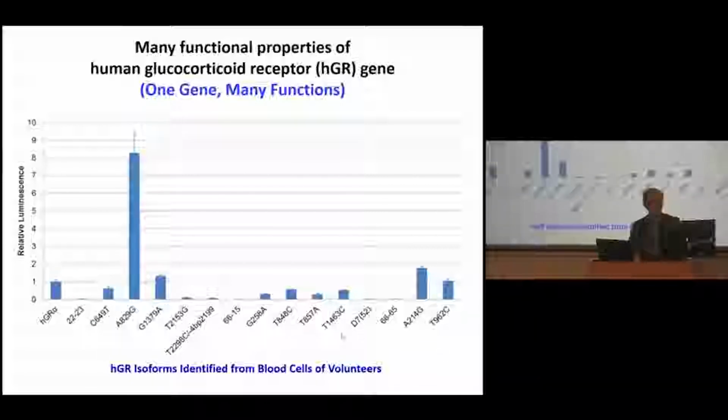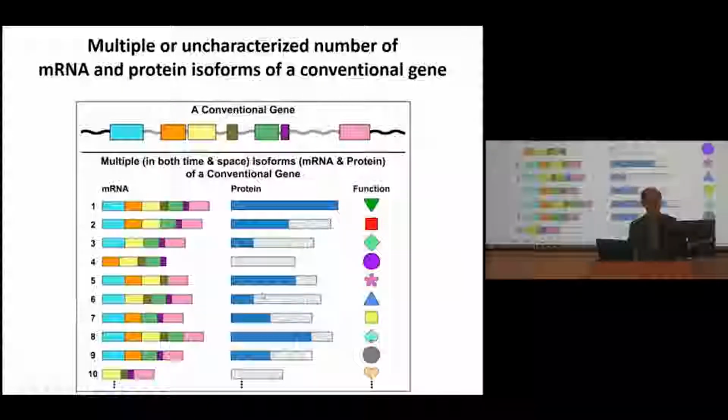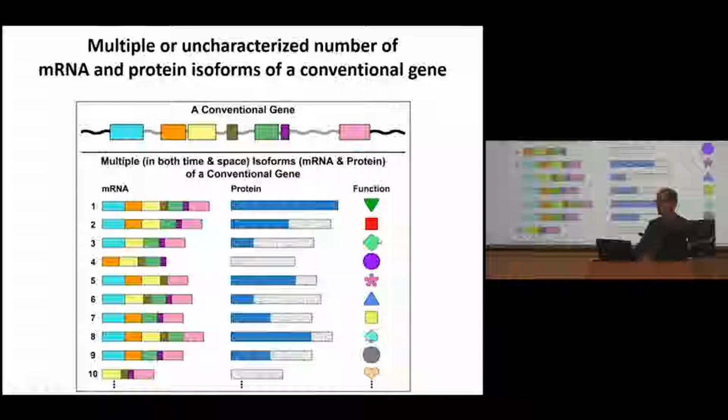All these bars indicate the differential activity of those isoforms. So if we are looking at a single gene from now on, we can imagine that there are many messenger RNAs formed, and also many different proteins. That means there will be many different functions from a single gene. So instead of one or two functions of a single gene, we expect that there are many different functions of a single gene.